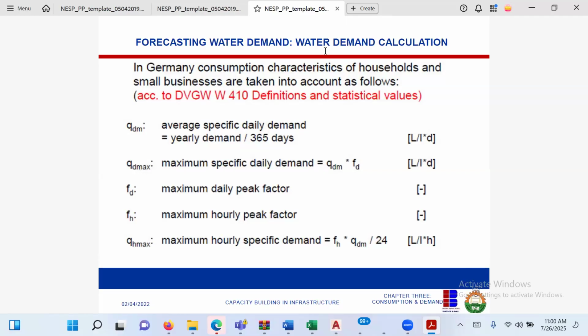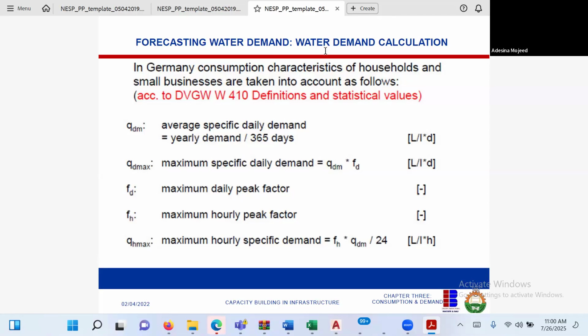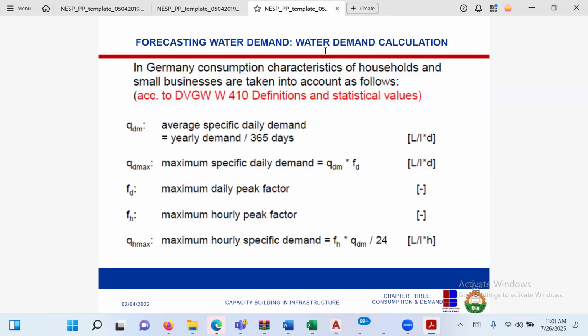We'll be talking about the average specific daily demand. The unit is liters per capita per day, or liters per unit per day. Then we have the maximum specific daily demand. To move from daily demand to yearly demand to specific demand, you simply multiply by a factor of safety, FD.